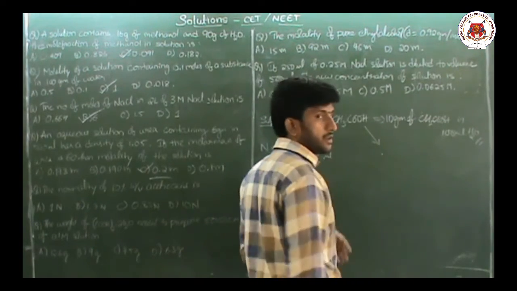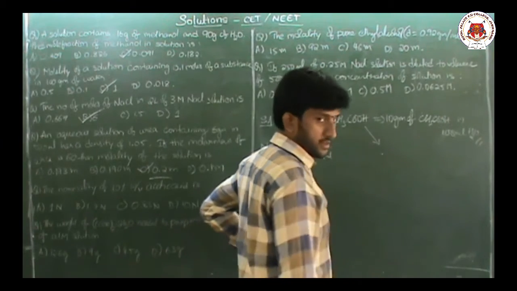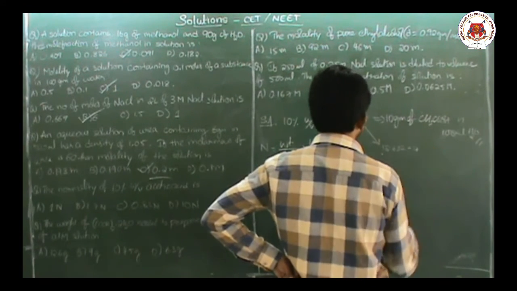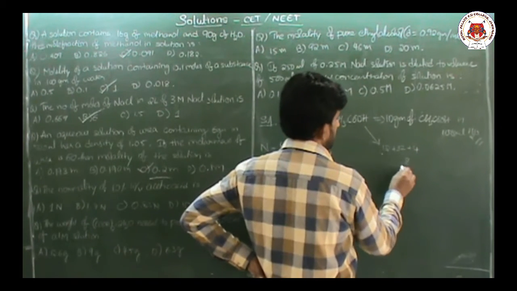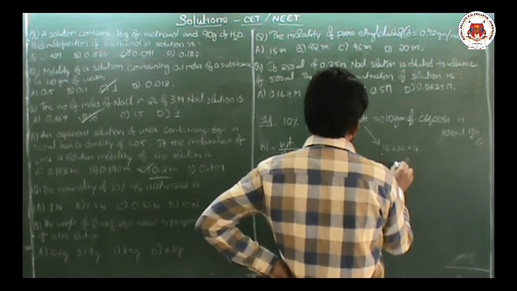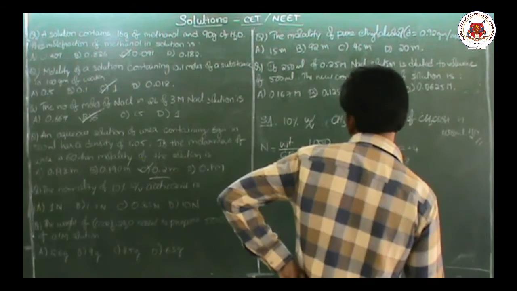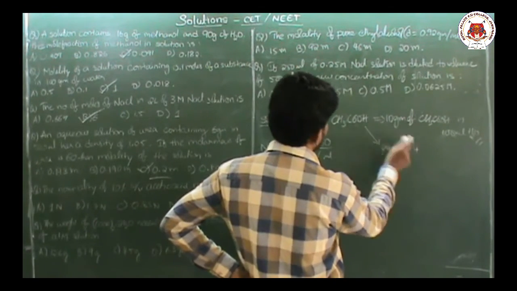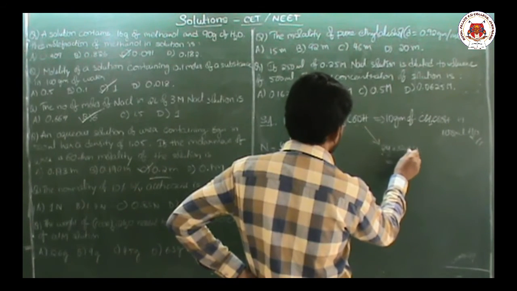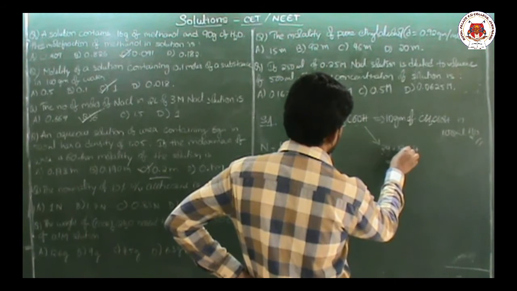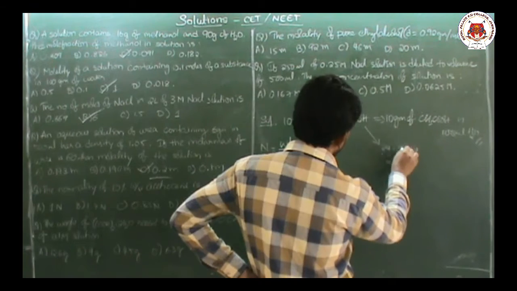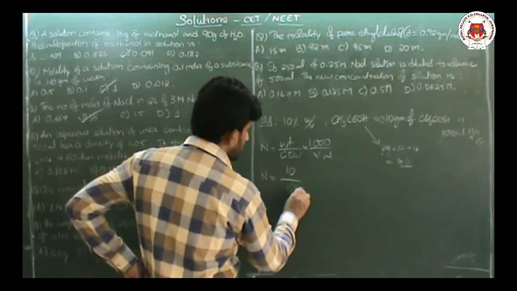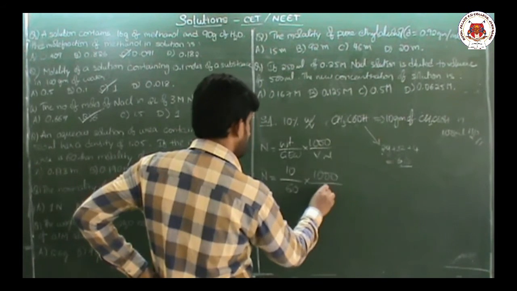So let's calculate the gram molecular weight of acetic acid. 2 carbons means 24, 2 oxygens 32, 4 hydrogens 4. So 24 plus 4 is 28, 28 plus 32 is 60.